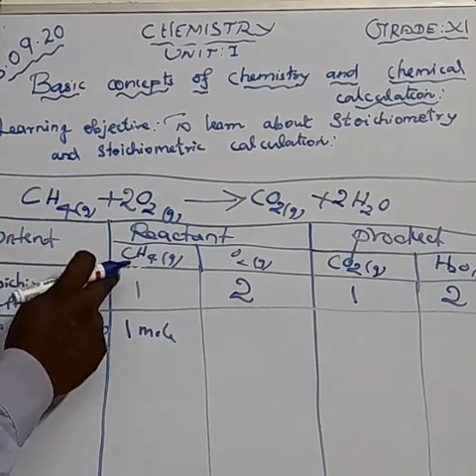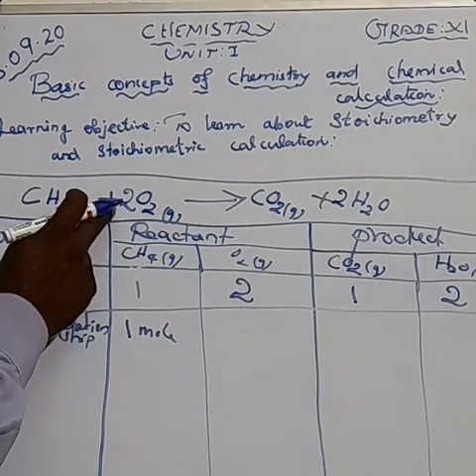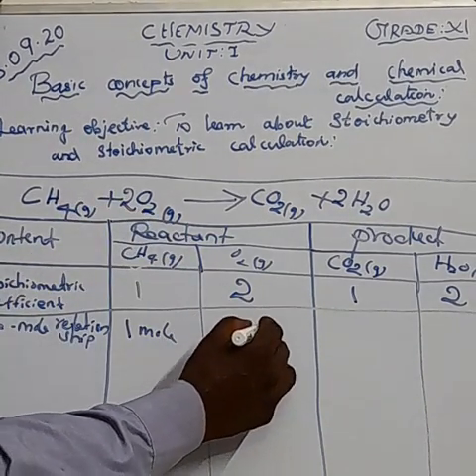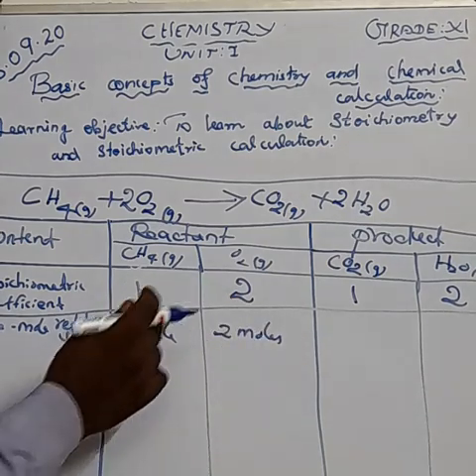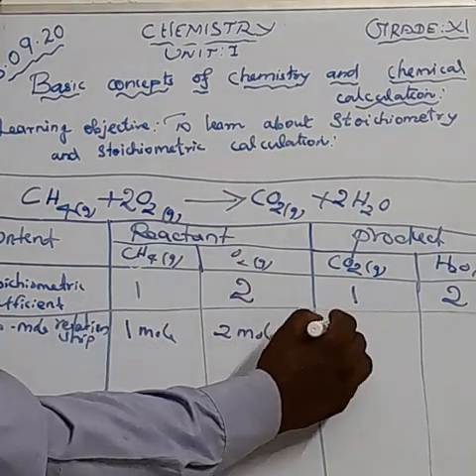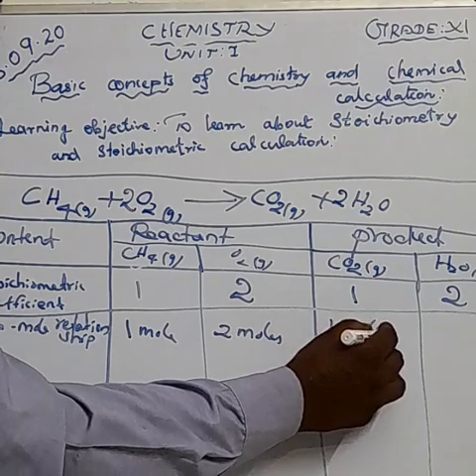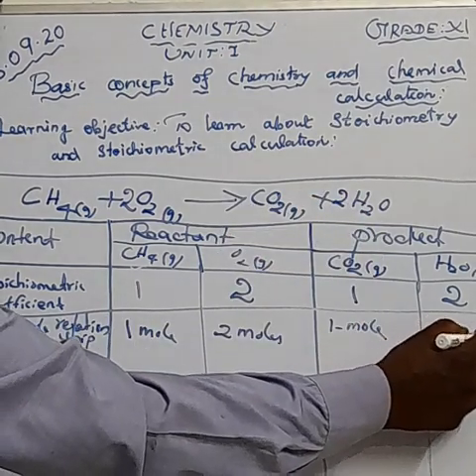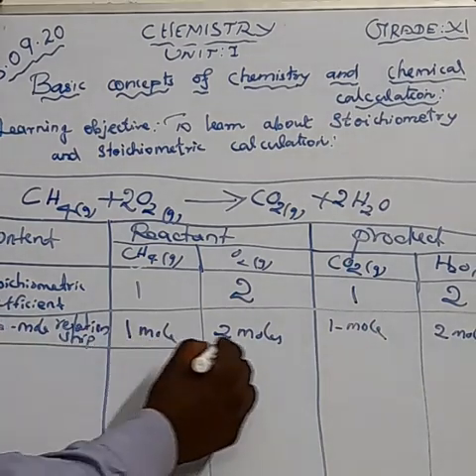Okay, 1 mole of methane. Then as per the equation, how many moles of oxygen? 2 moles. Next, carbon dioxide, how many moles? 1 mole. Then water, 2 moles. Can you write?